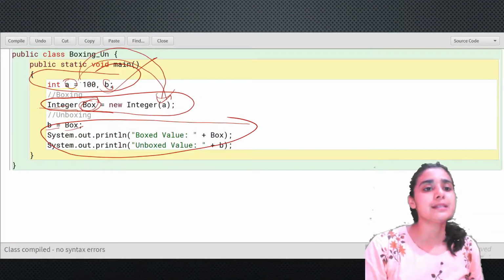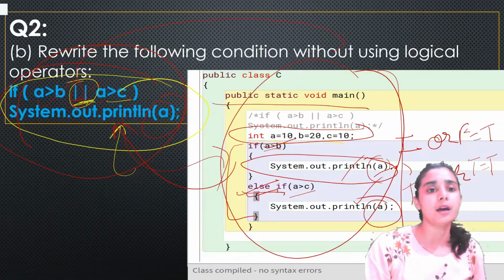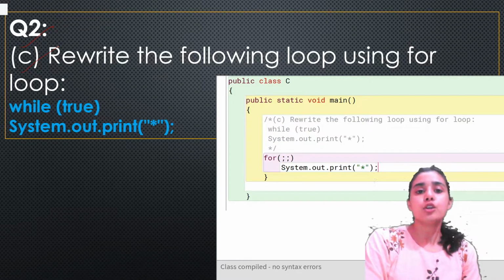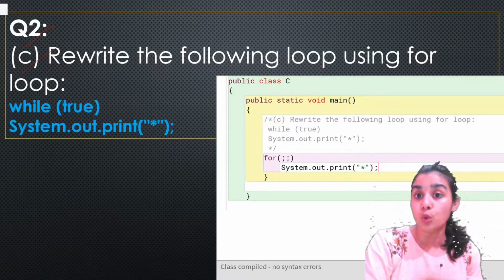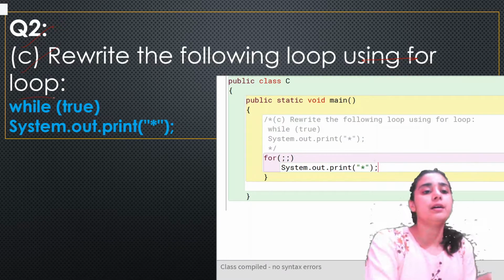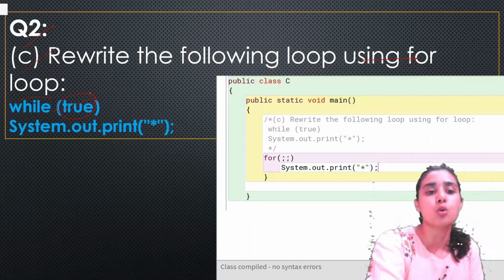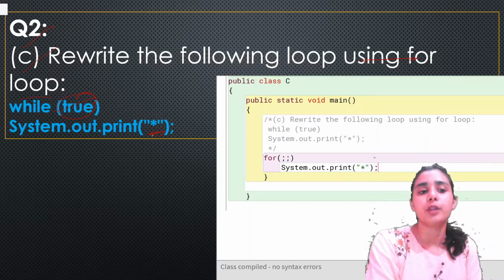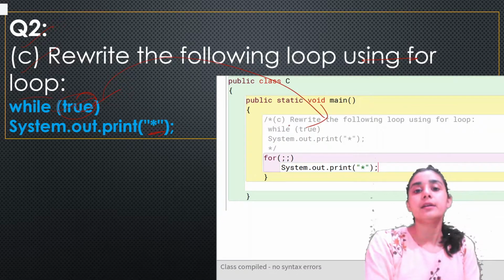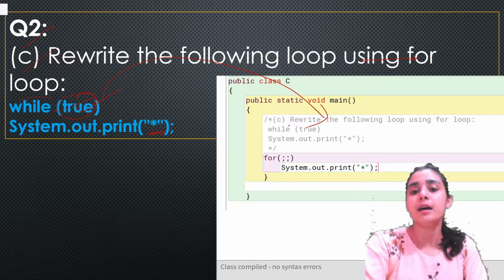So now you can see here, this is our question number 2, the C part. Okay, so rewrite the following loop using for loop. We have a while loop here, and the condition is true, and we are printing something. So this is a while loop, and we have to rewrite it as a for loop.